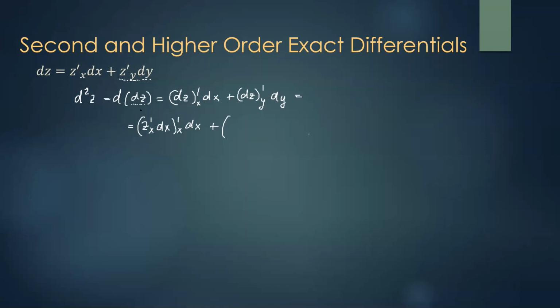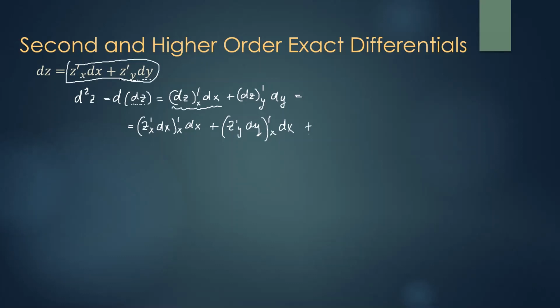So now I'm taking this other part, z derivative by y dy, and differentiate by x dx. So I have taken this and differentiated by x and multiplied by dx. So far, I have this. Now plus the second part.